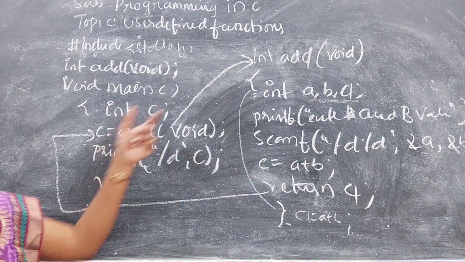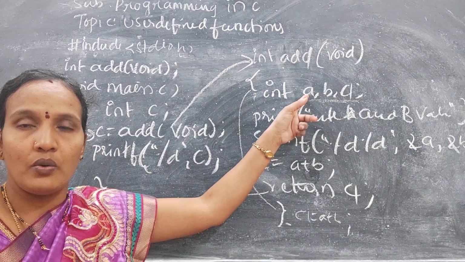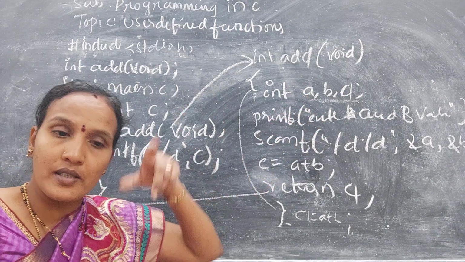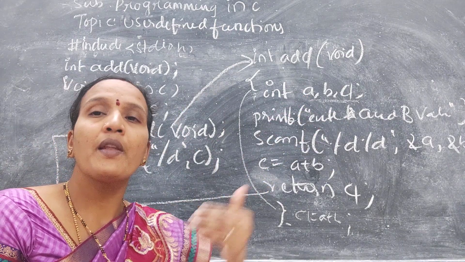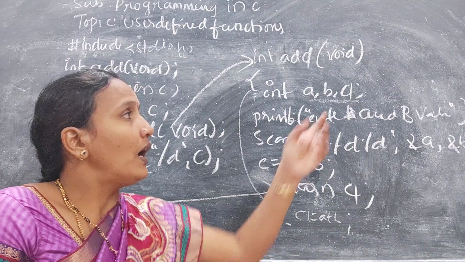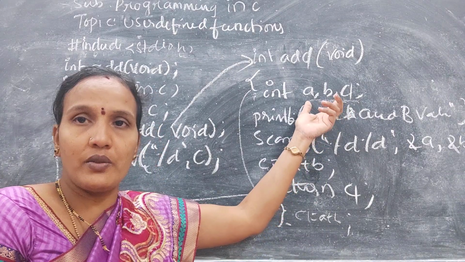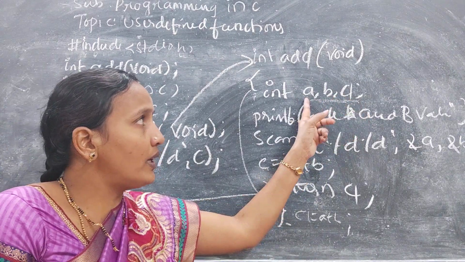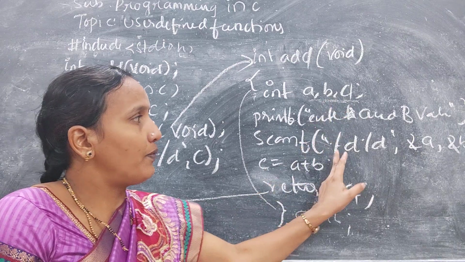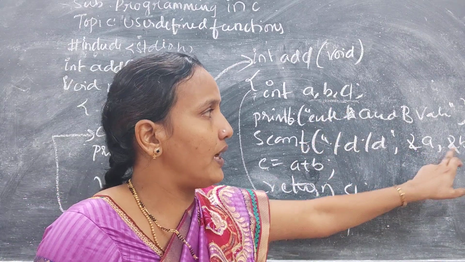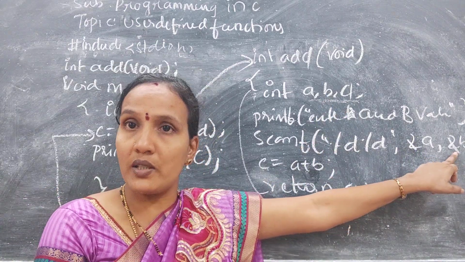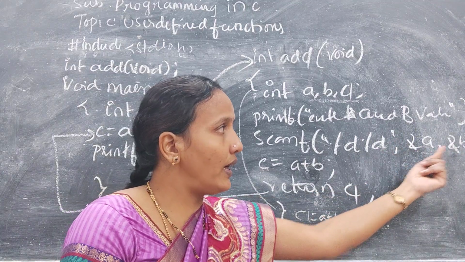Here the main function is not giving a value; the user defined function is taking a value from the user at runtime. Whatever value the user has given will be stored in a and b.